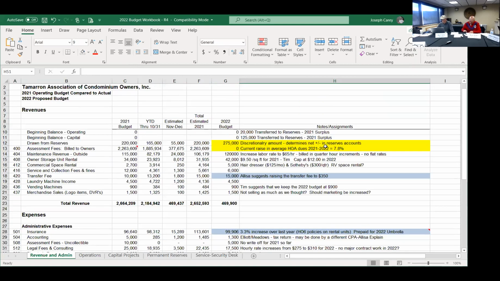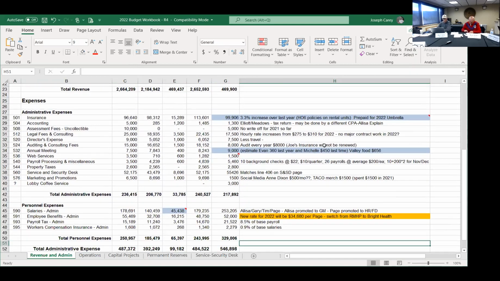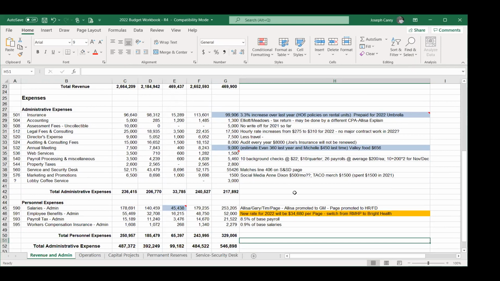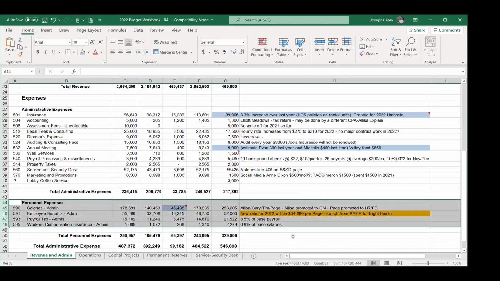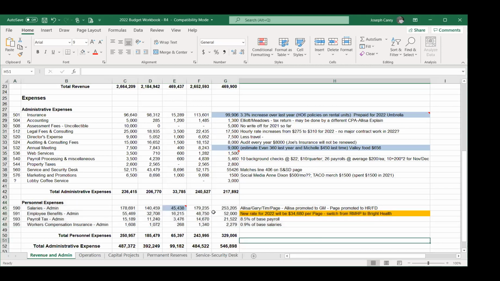One of the things we've changed recently is we split up the administrative salaries, our staff salaries, from our hourly. This group is the compensation for Elisa, Gary, Tim, and Paige. The numbers are reflected there. We were just a little over budget this year.